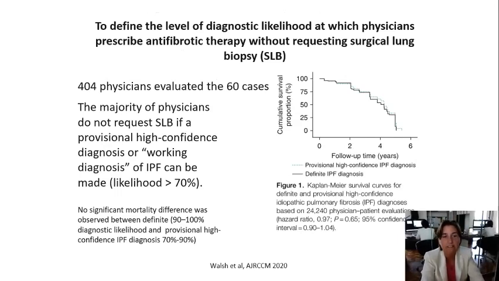And interestingly, the authors noted that participants tend to require biopsy when their confidence in the diagnosis is lower than 70% likelihood. And correlating this with prognosis, the authors also noted that between diagnoses made with more than 70% confidence and more than 90% confidence, there was actually no difference in terms of prognostic prediction.